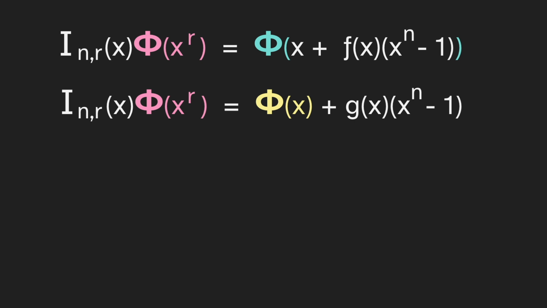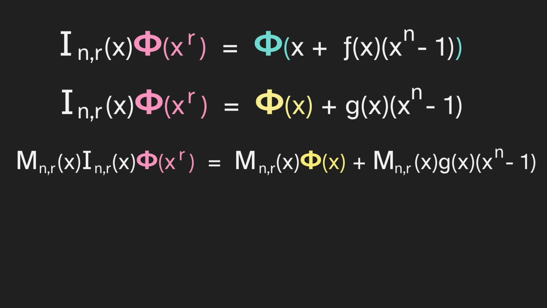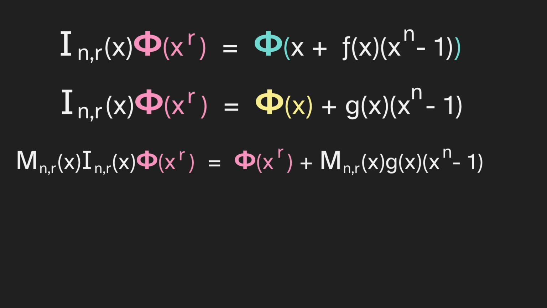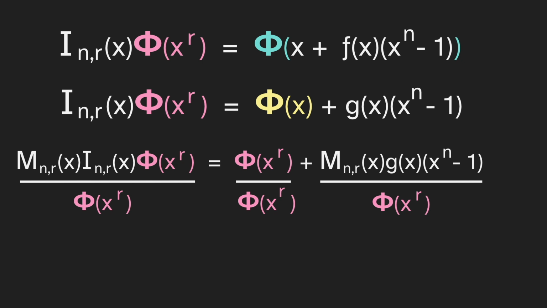Now we'll multiply everything by m, and then we recall that m was defined so that m times phi of x is phi of x to the r. And this is the left side of the equation, so we can replace it with the right side of the equation.